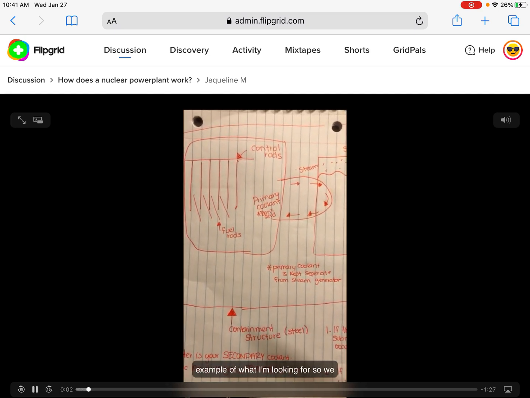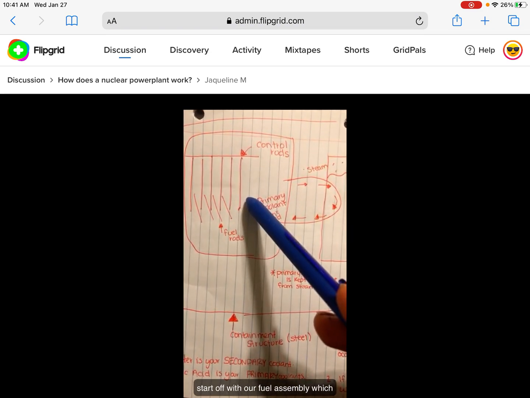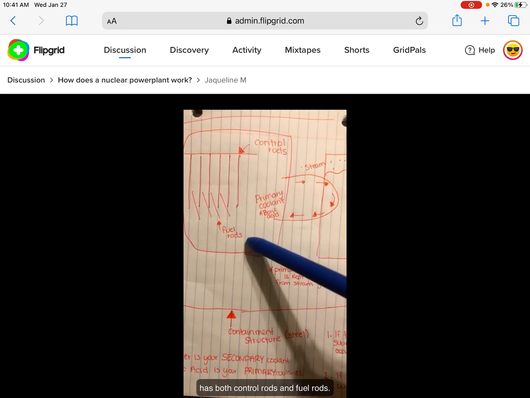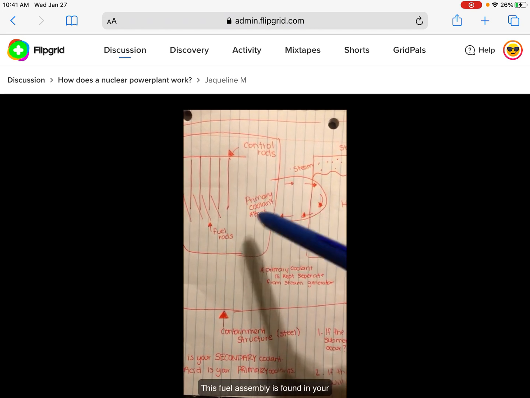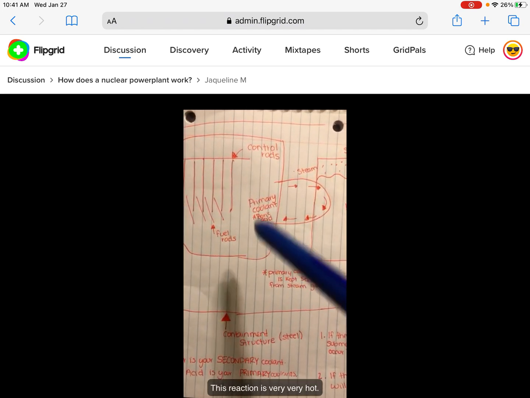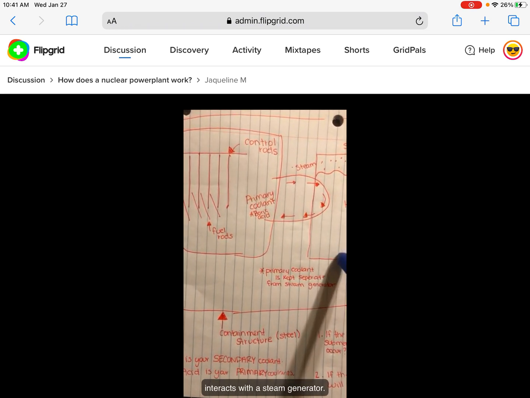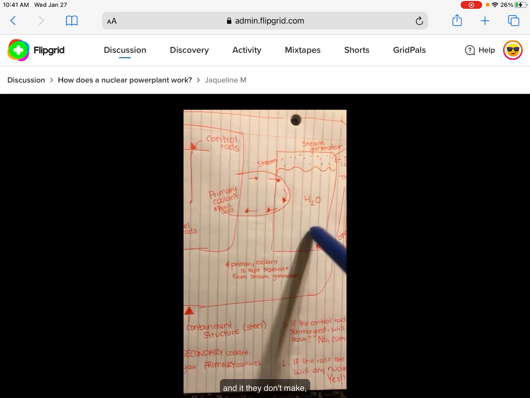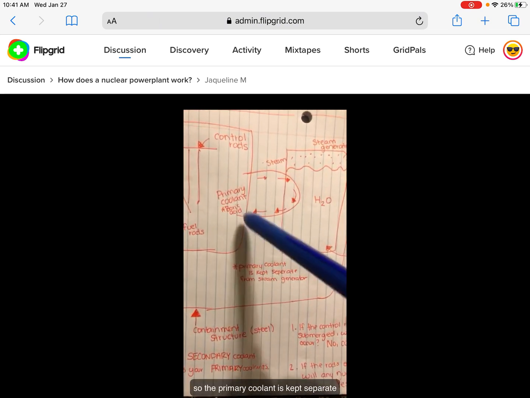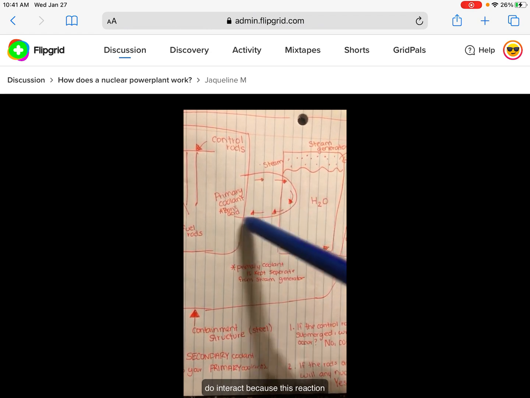Hello class, I wanted to record an example of what I'm looking for. So we start off with our fuel assembly, which has both control rods and fuel rods. This fuel assembly is found in your primary coolant, which is boric acid. This reaction is very, very hot. So what happens is that it interacts with a steam generator. A steam generator has water, and they don't mix, so the primary coolant is kept separate from the steam generator, but they do interact.